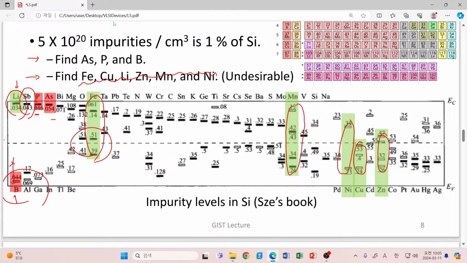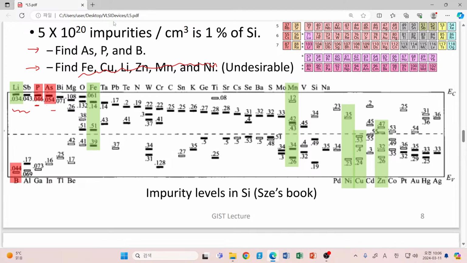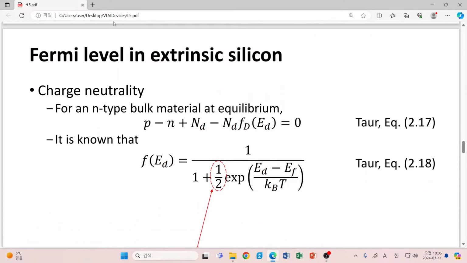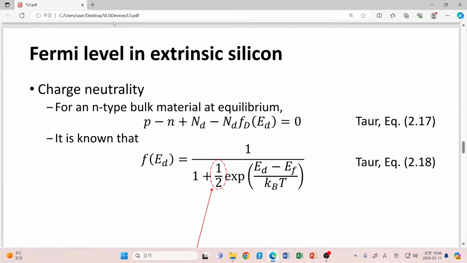But you know that they have some other properties which is not prepared by our mass production. That's the reason why they are not used as impurities. Okay. Now it is certain that if we have a deep state, then they cannot be used as dopants. Okay. Then now let's go to this discussion.